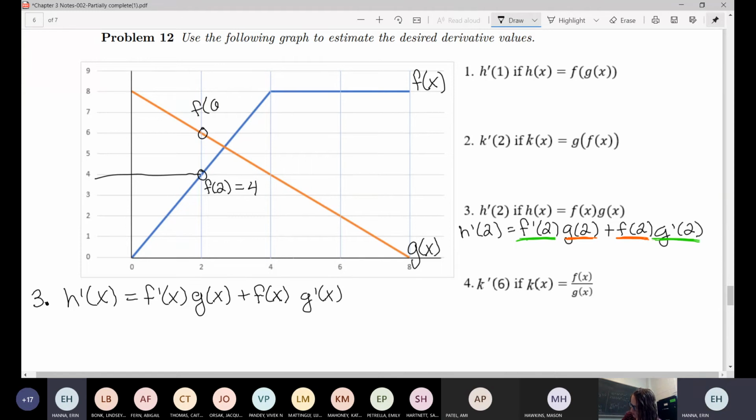What is g of 2? g of 2 is 6. So I can plug those two values in.